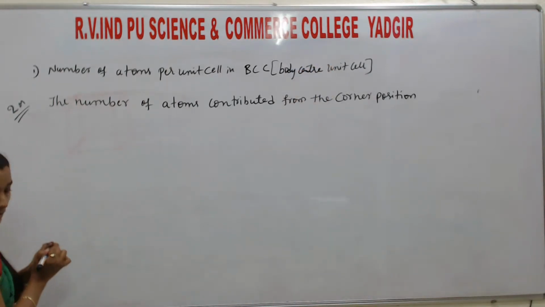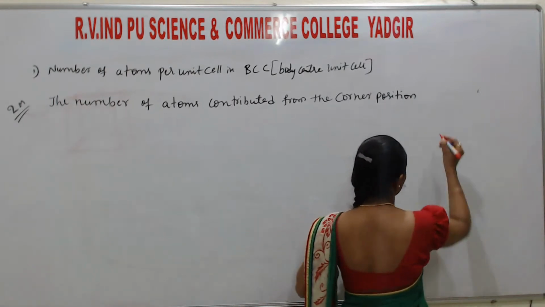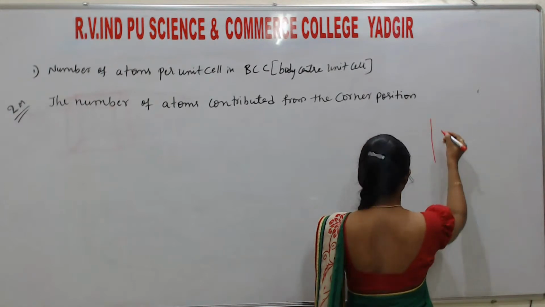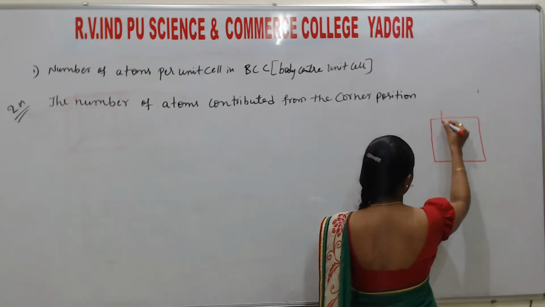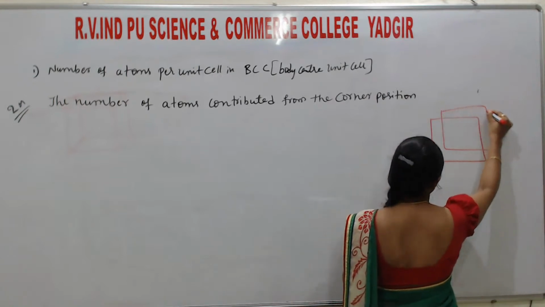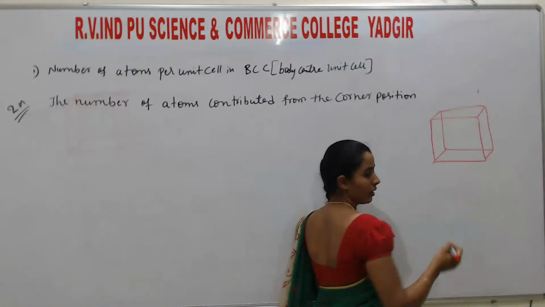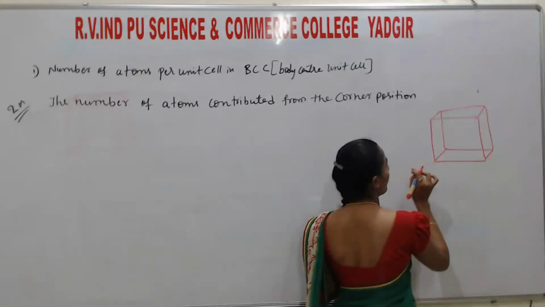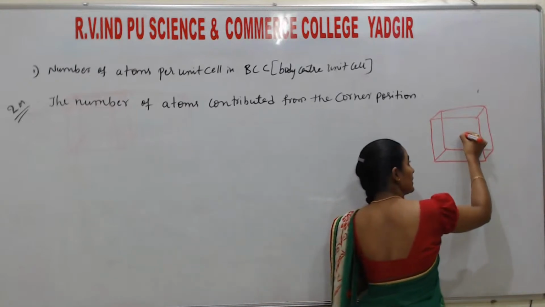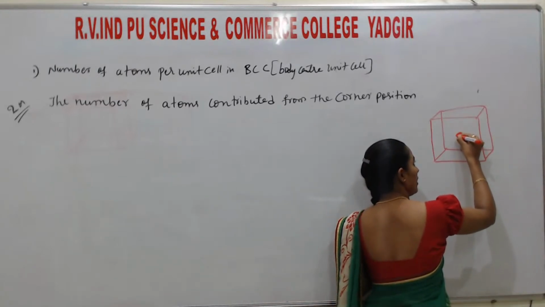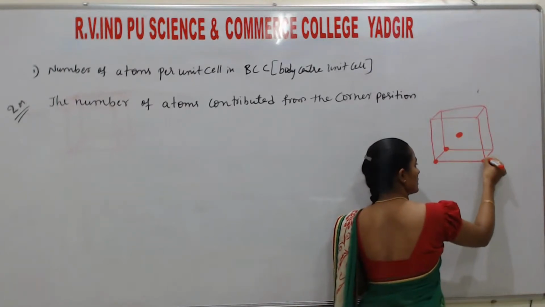So here I draw the diagram for this body centered unit cell. Body center means one extra constituent particle is present at the center of the unit cell along with the corner positions.